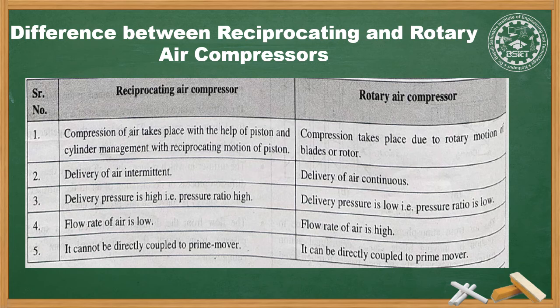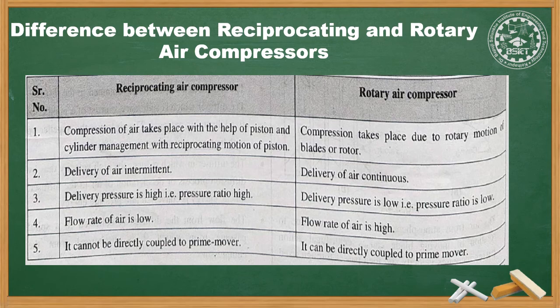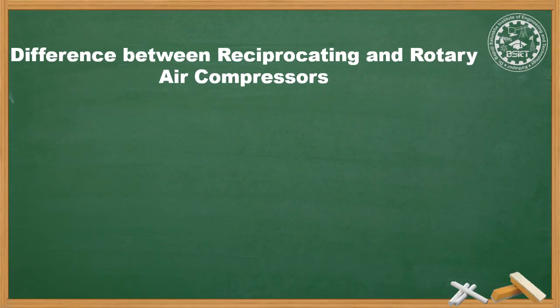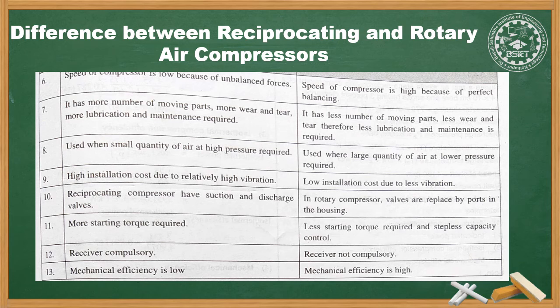Reciprocating compressor cannot be directly coupled to the prime mover, whereas rotary air compressor can be coupled to prime mover directly. The speed of compressor is low in the case of reciprocating air compressor because of unbalanced forces, whereas speed of compressor is high because of perfect balancing in the rotary air compressor.